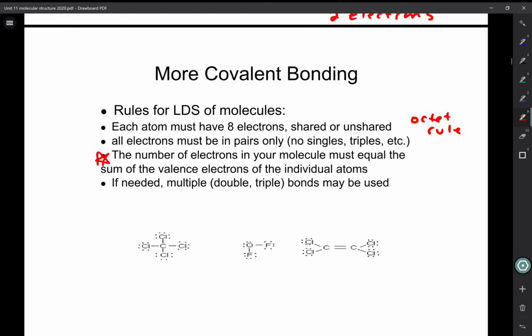Electrons must be in pairs. So every electron has to have a partner. When all is said and done with these molecules, you can't have any single electrons floating around. Now this is key here. The number of electrons in your molecule must equal the sum of the valence electrons in the individual atoms.